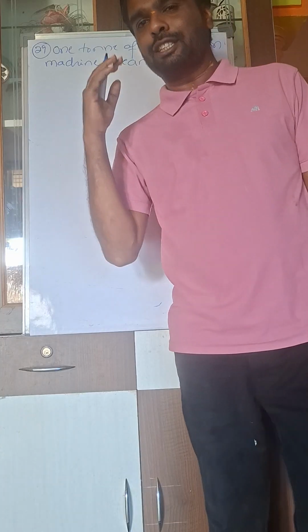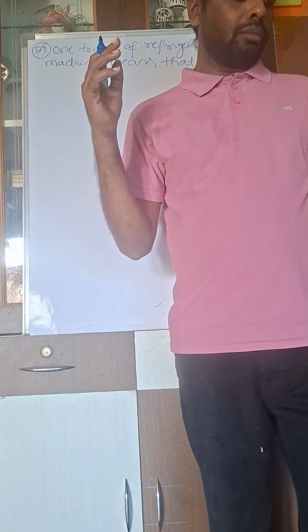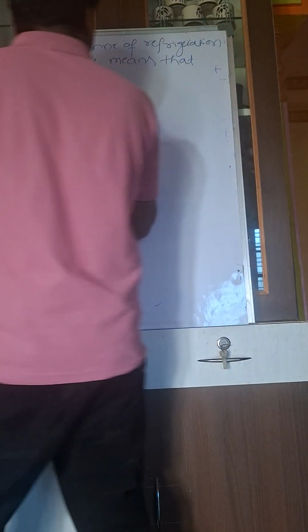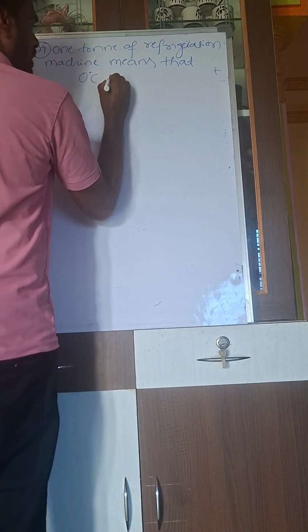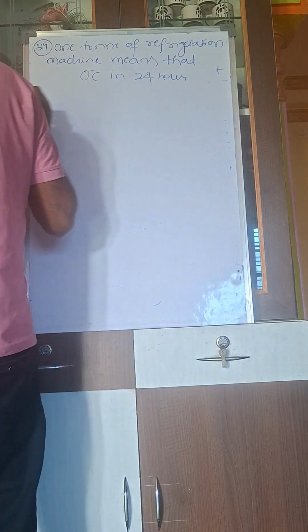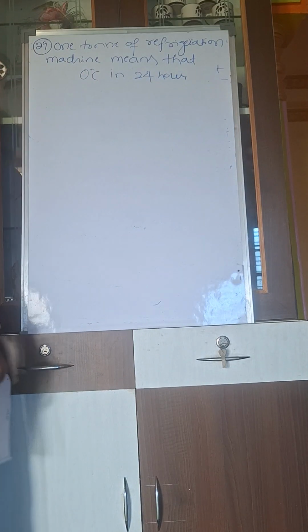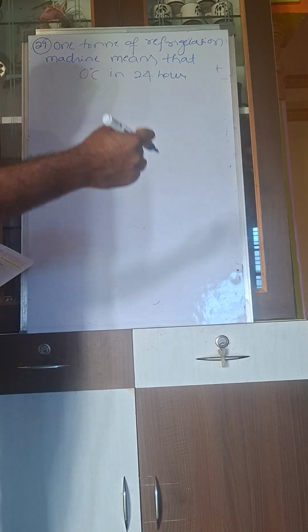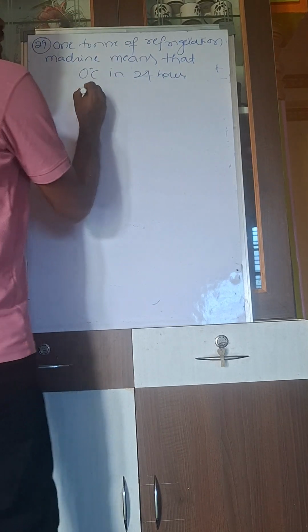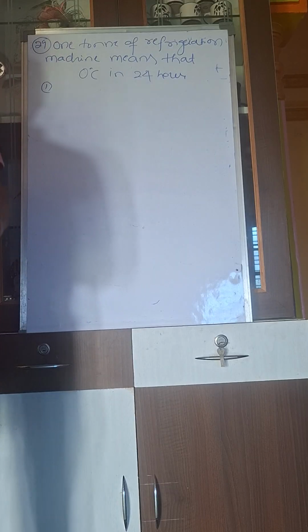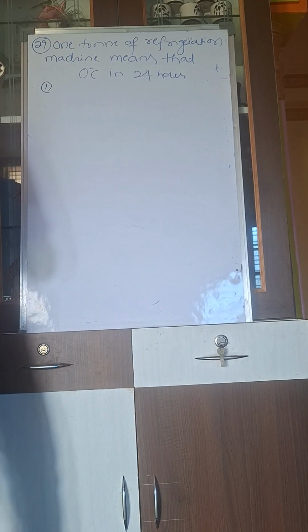It means to have 0 degree Celsius in 24 hours. In 24 hours, the refrigeration effect produced is equivalent to, see, the first option: 1 ton is the total capacity of the machine.